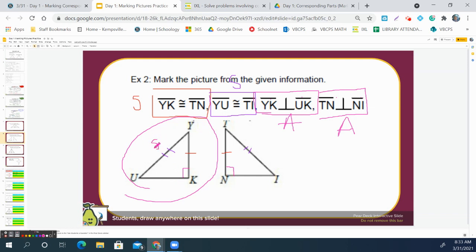I've got a side, and I've got a side, and I've got an angle. We're going to find out tomorrow that this does not mean that this triangle is congruent to this triangle, because if you spell a word reading that backwards, we can't do that in math. Okay? Not allowed.